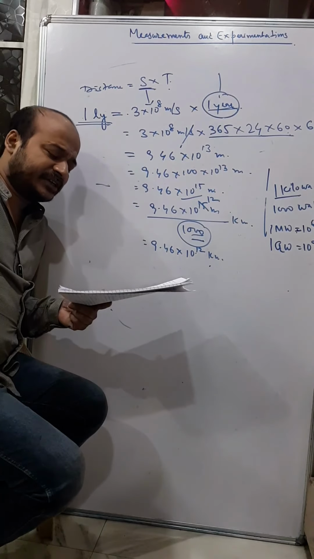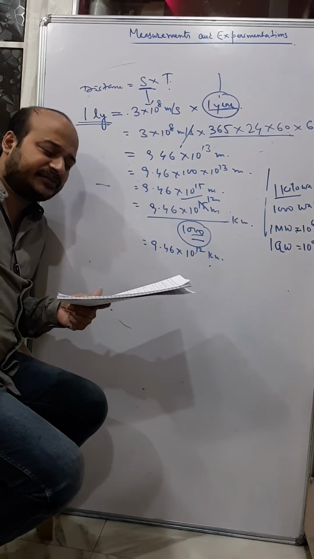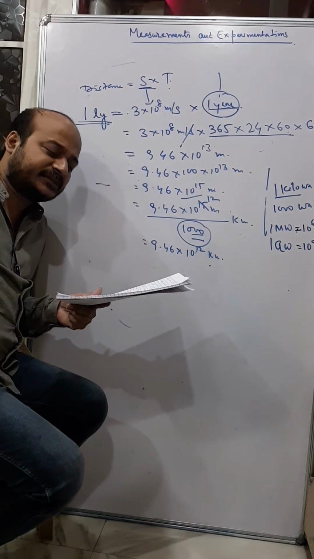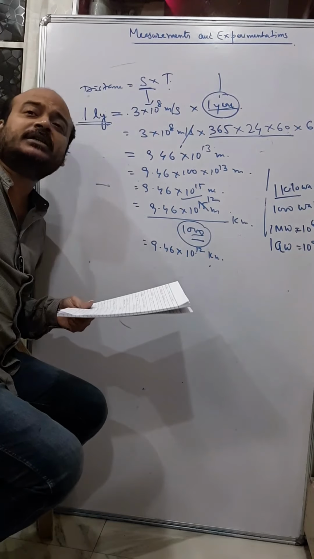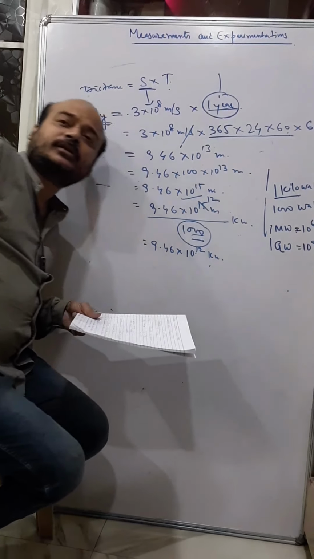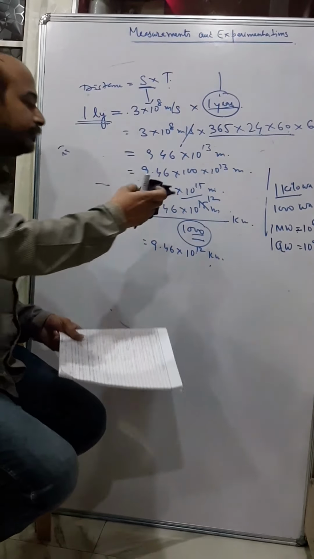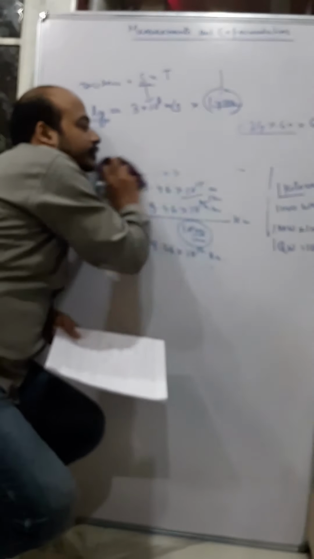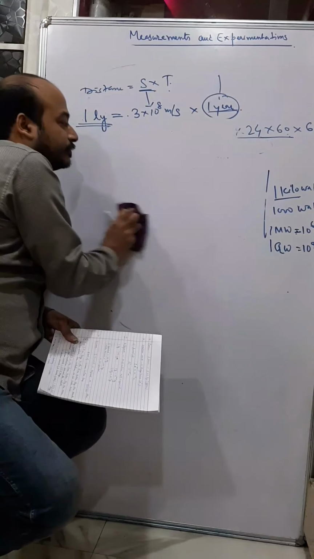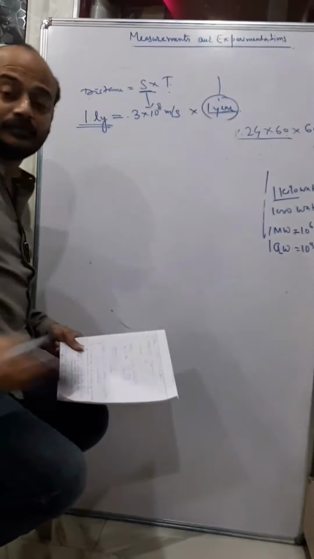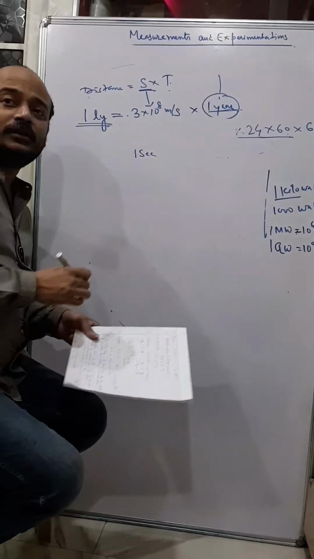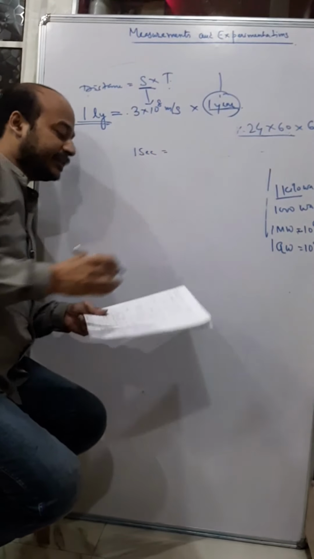Then you have the definition of second. 1 second is defined as 1 by 86400 part of a mean solar day. So 1 second, what does the definition state?